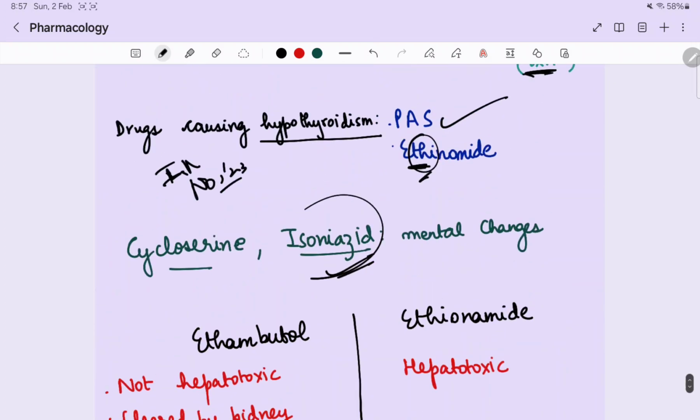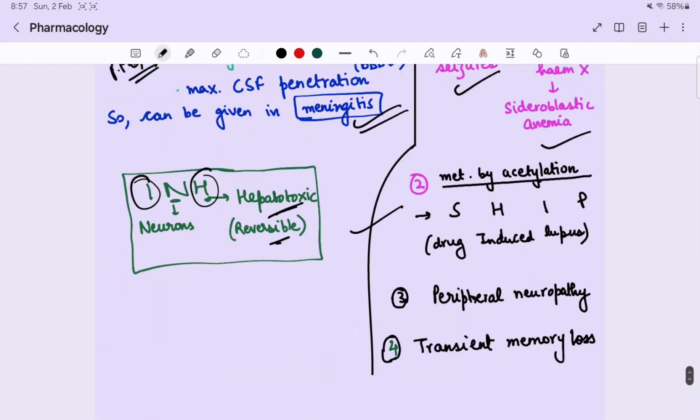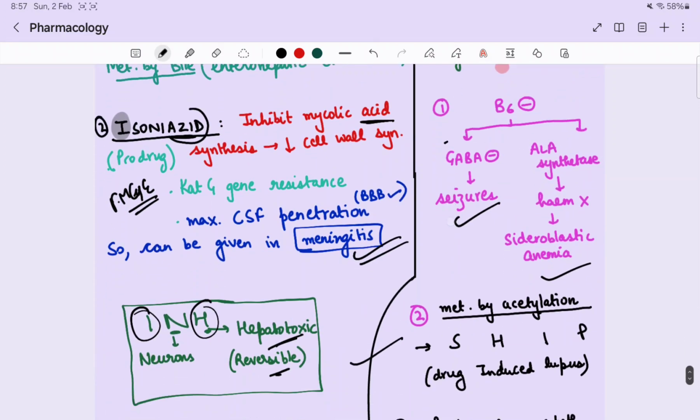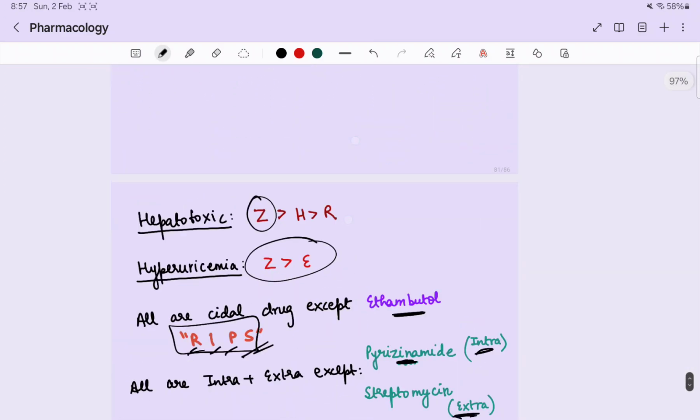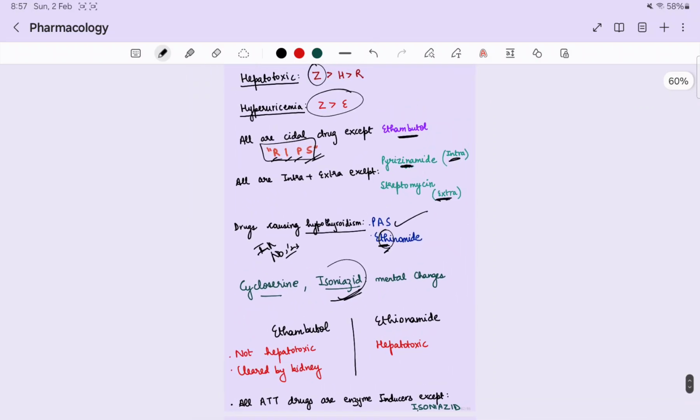Isoniazid is an inhibitor. So this is all about TB, and there are many new drugs like bedaquiline. A side effect is QT prolongation. I will not discuss this, but you should know these basic points. And this slide is a take home message for you. You can take a screenshot and keep revising all the stuff.